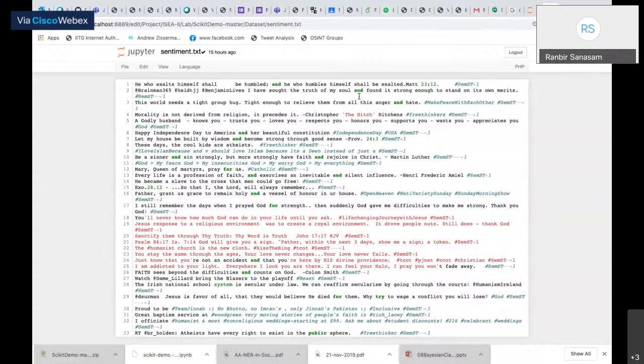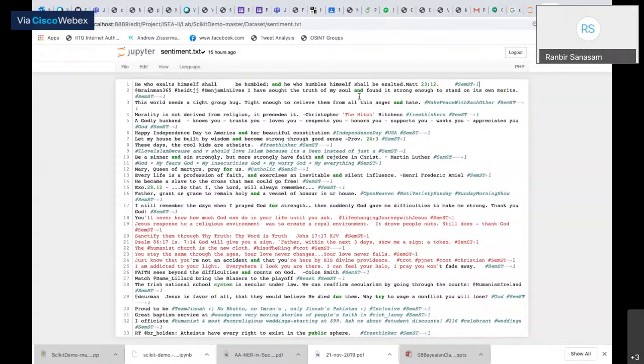So your first task is to convert every tweet into a vector space model, meaning every tweet will be represented by a vector. How do you get the vectors? You have to first decide what features you are going to consider.